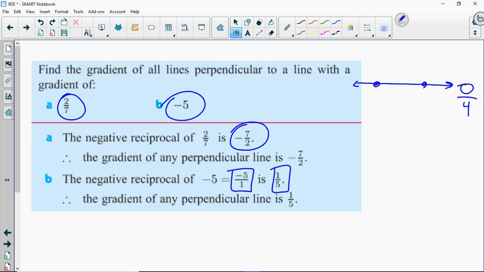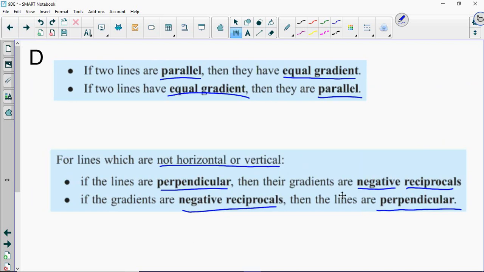So here's two points that are 4 units apart. When we take the reciprocal of that, then we're going to have -4 over 0, and that's not allowed. That's not defined because we can't divide by that 0. So that's why this rule doesn't really apply to those. But again, certainly horizontal and vertical lines are perpendicular. It's just that we wouldn't think about this whole negative reciprocal thing with those.